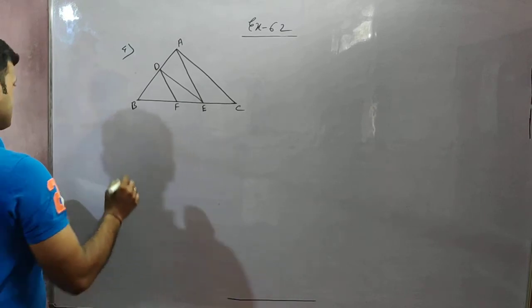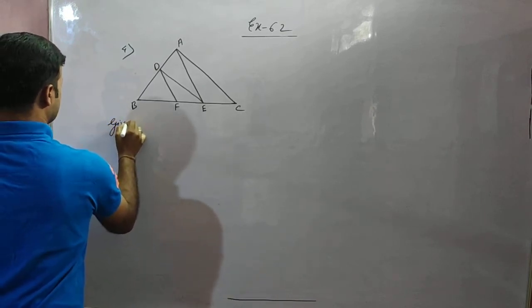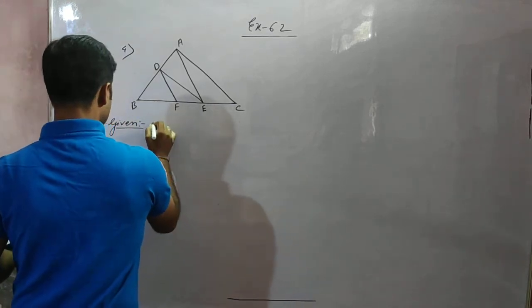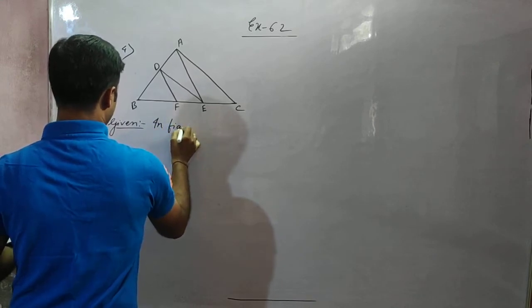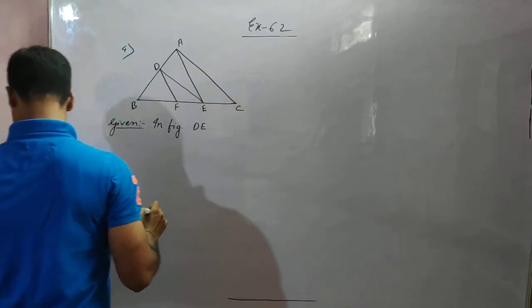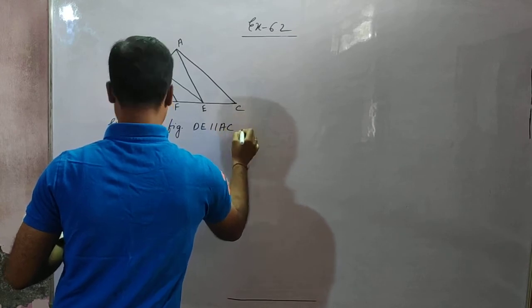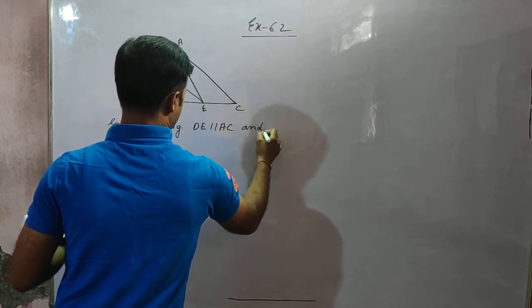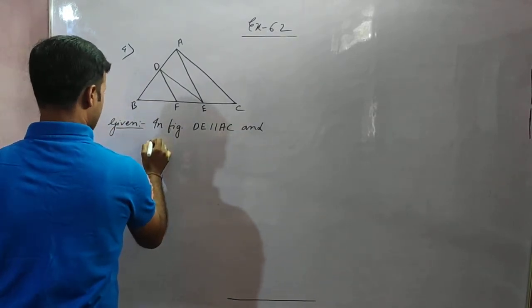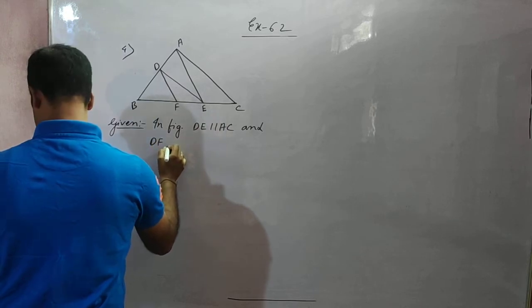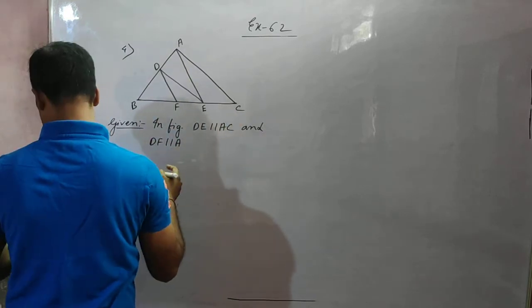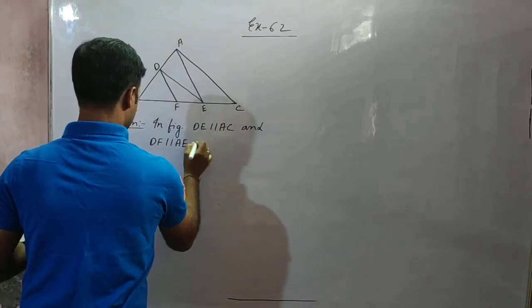So, students, in the figure, DE is parallel to AC, and DF is parallel to AE.